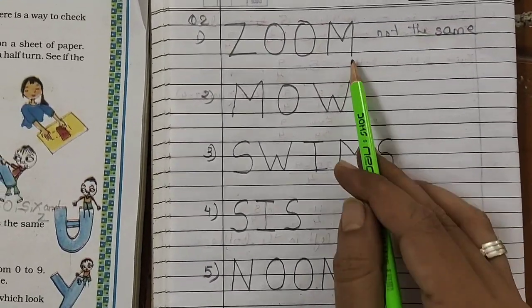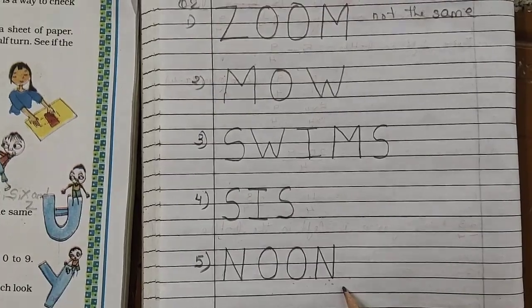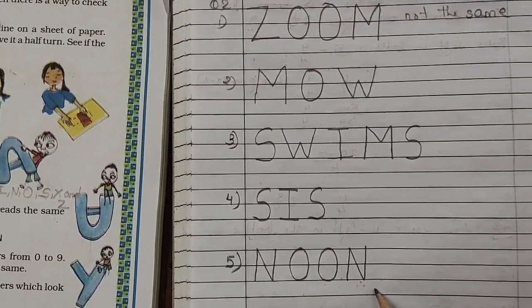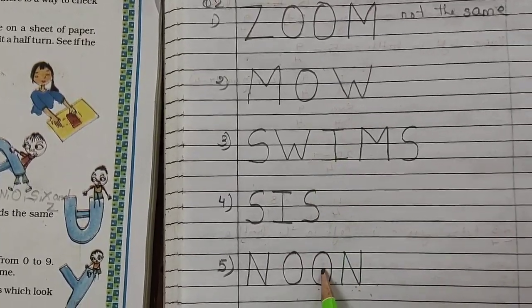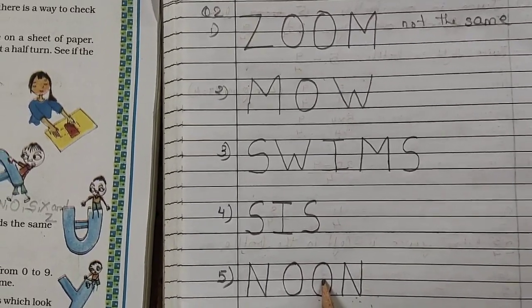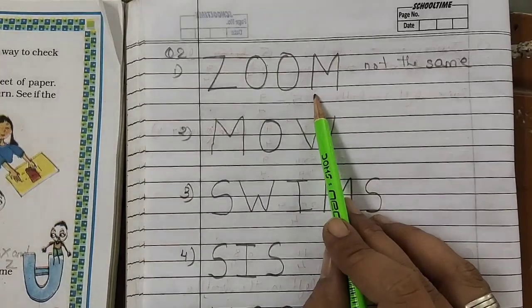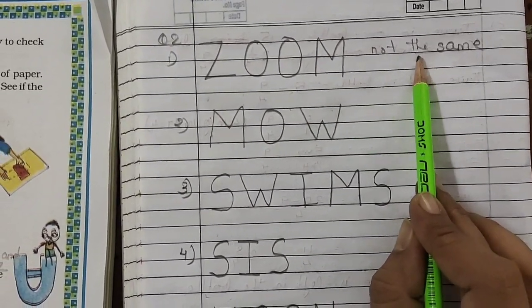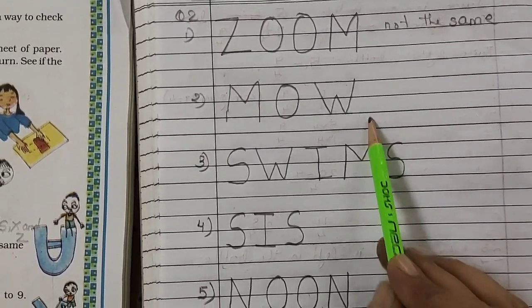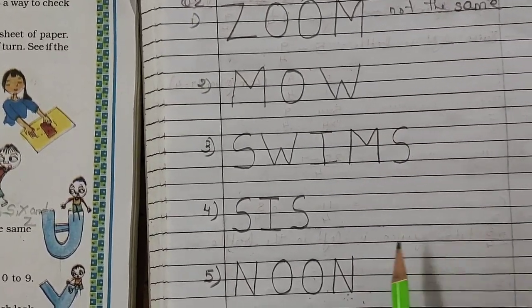So this exercise you will write down in your notebook. Write down question 2, then you will write down these words in your notebook. The first one is zoom. You will write down beside it not the same, and all the others are the same when you turn them.